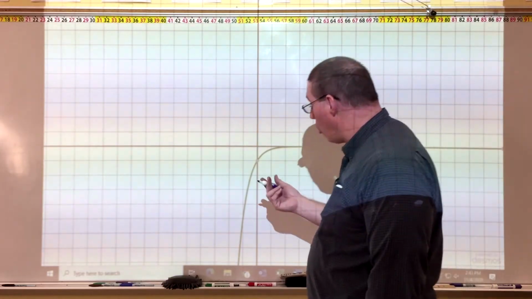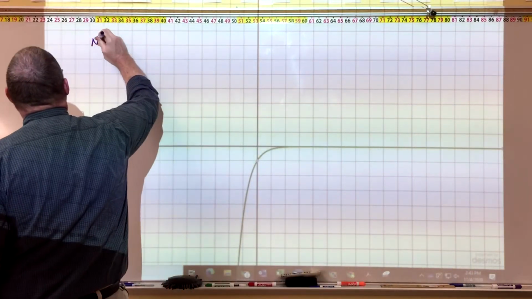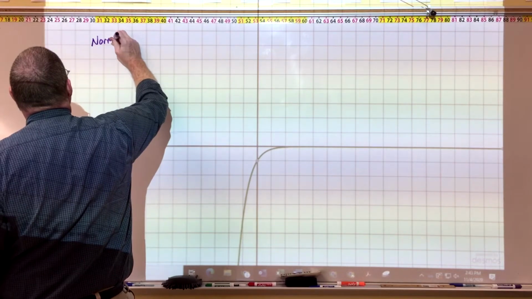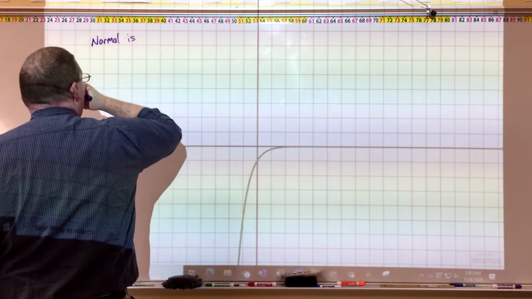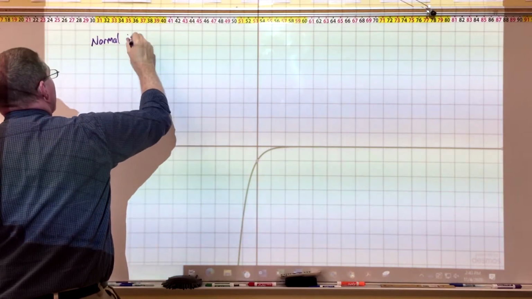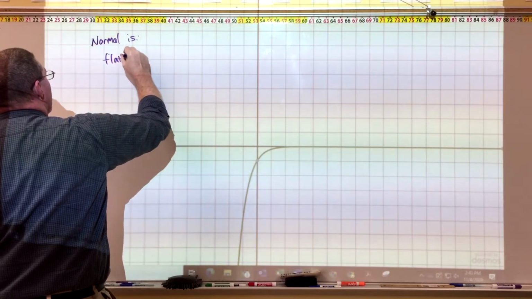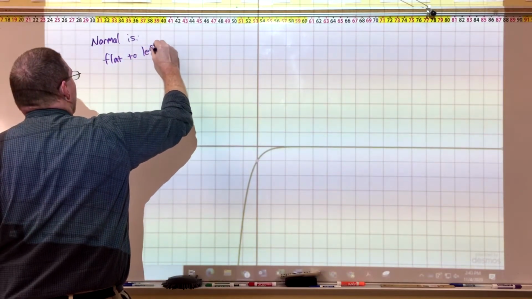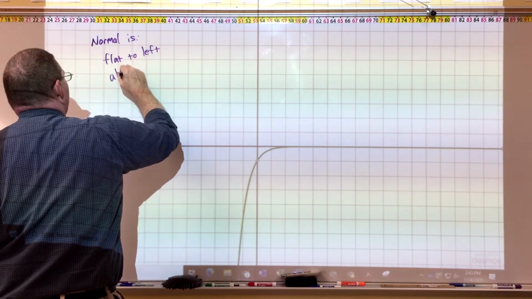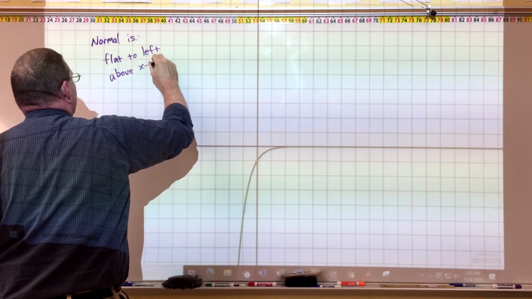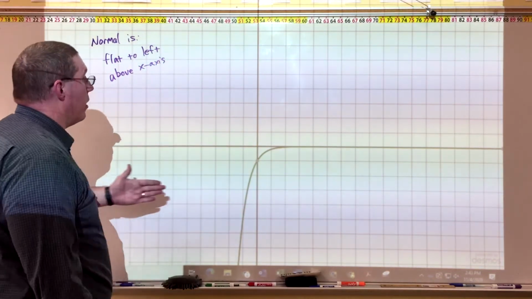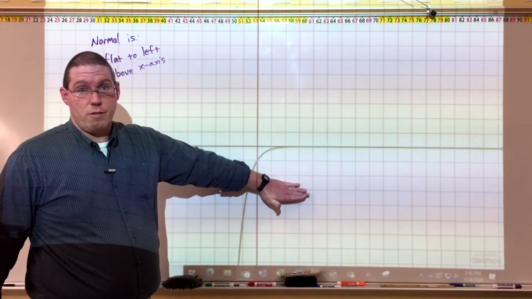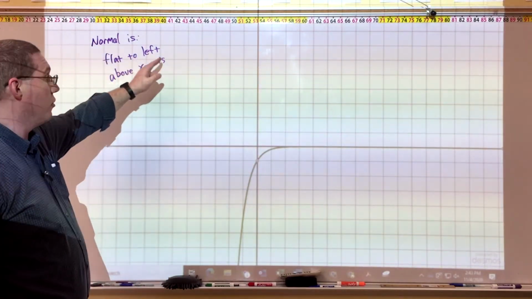Now I know the normal graph with no negatives on it is flat to the left and above the x-axis. Okay? This one is below the x-axis and it's flat to the right.